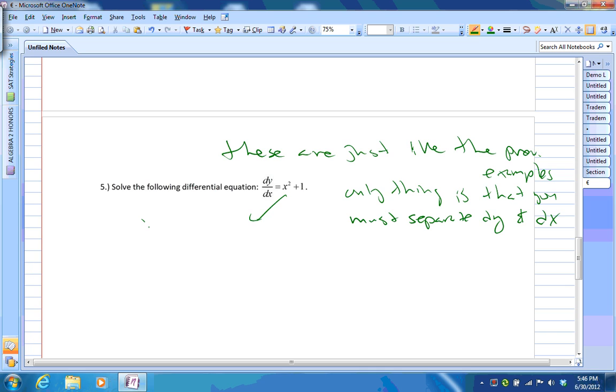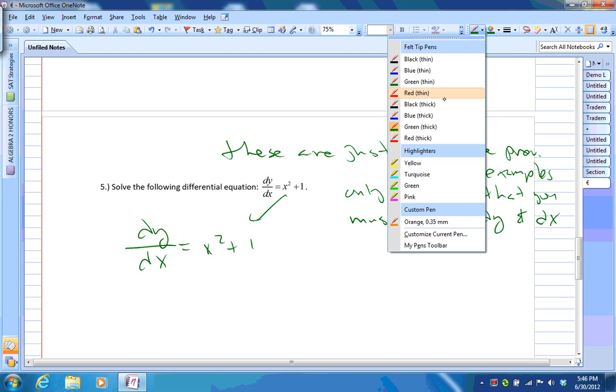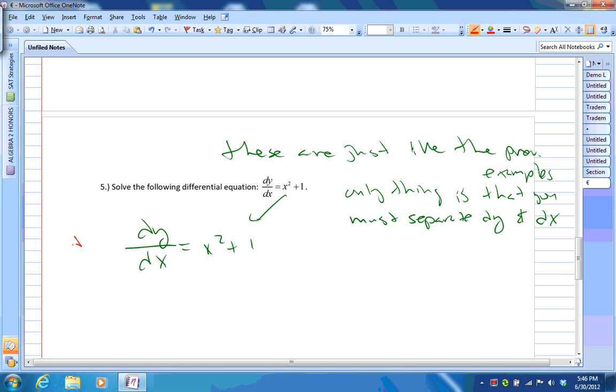And that's simple. So dy over dx equals x squared plus 1. So all I'm really going to do is just multiply both sides by dx. Cancel, cancel. So dy equals (x squared plus 1) times dx.